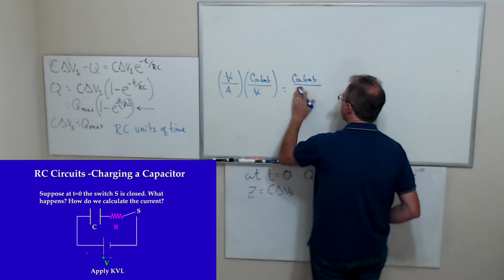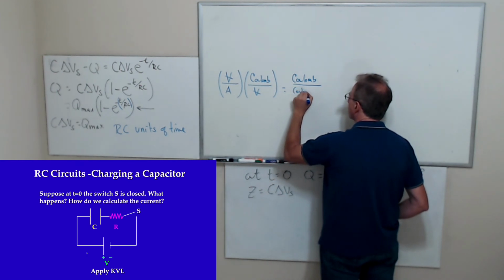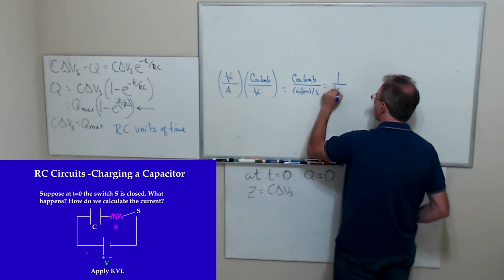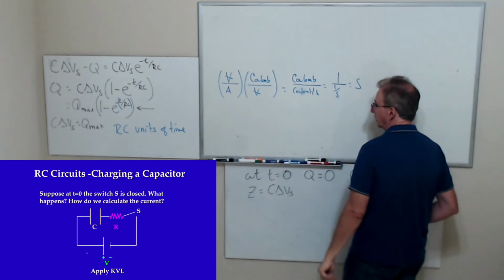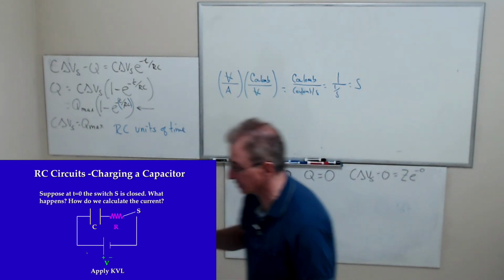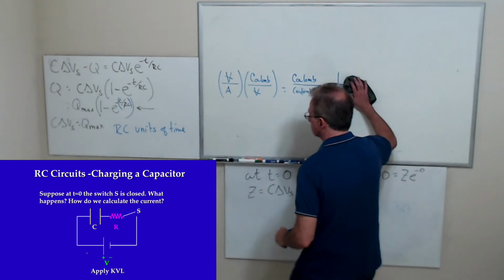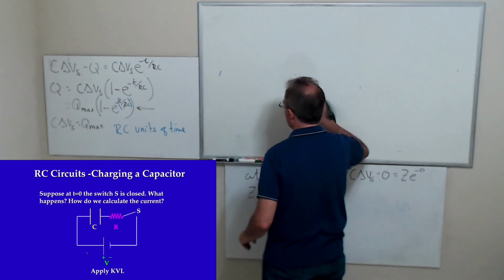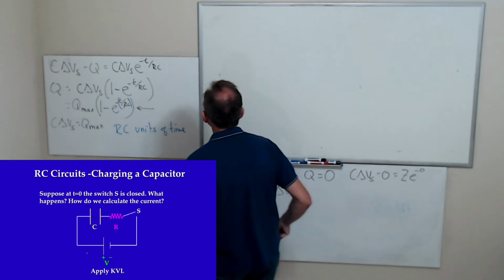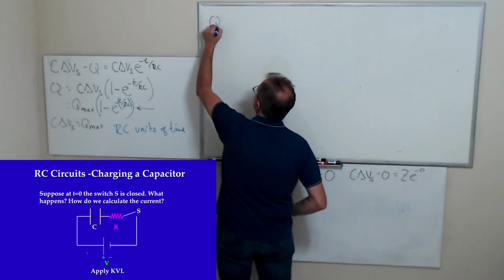But an amp is a coulomb per second. And here it gives you the units of seconds. So R times C has units of seconds.